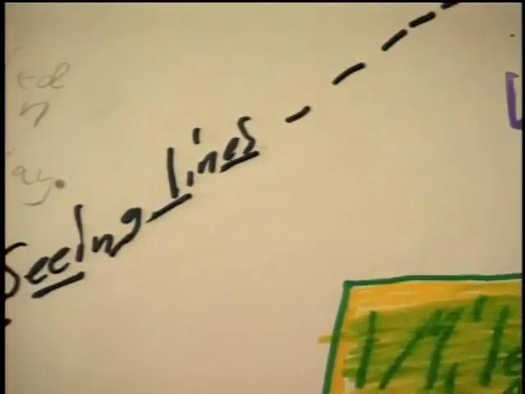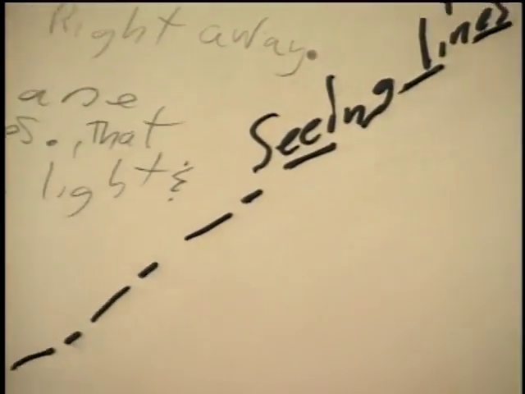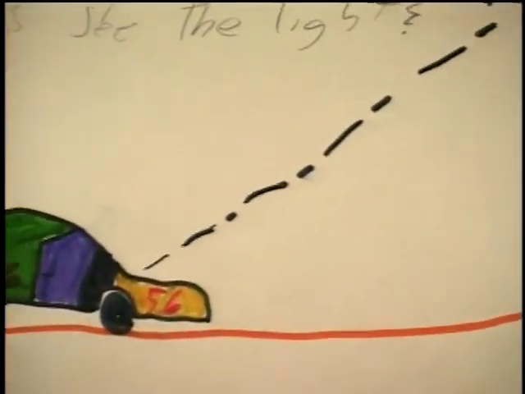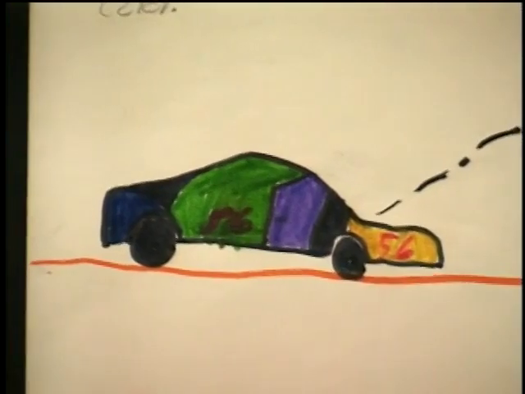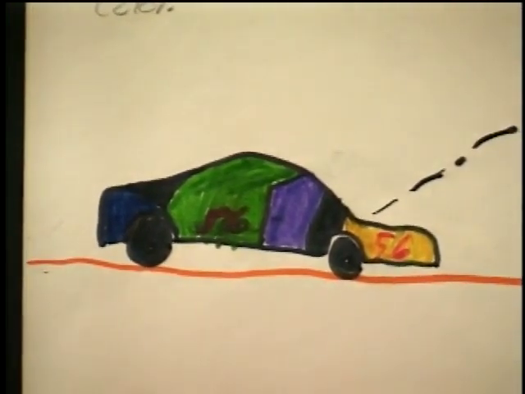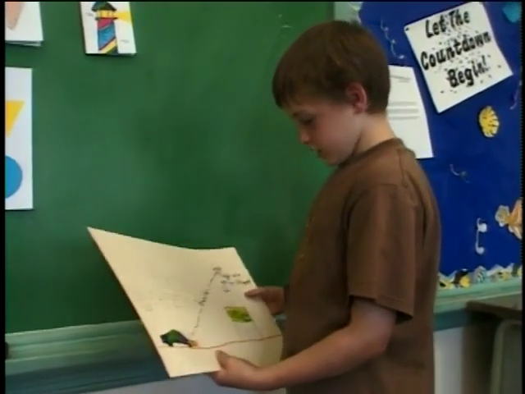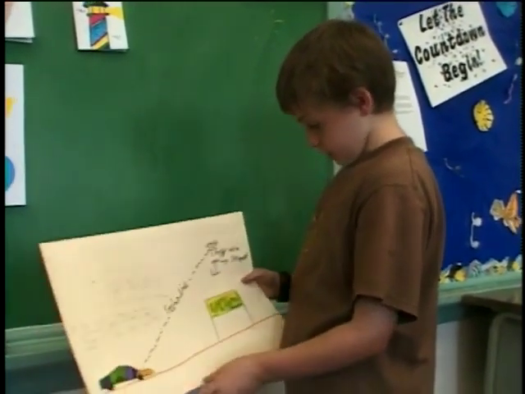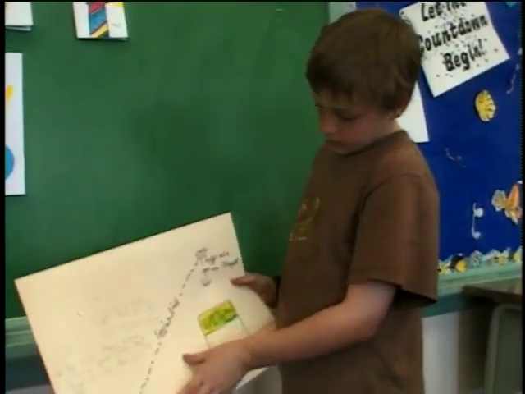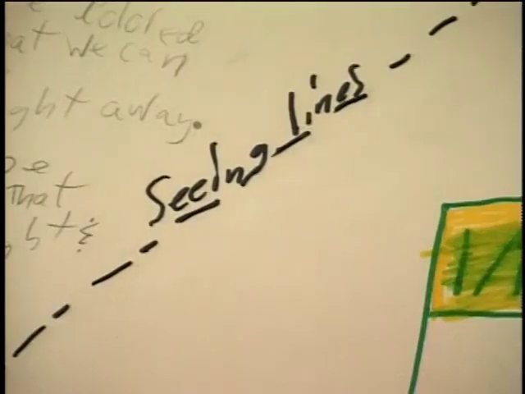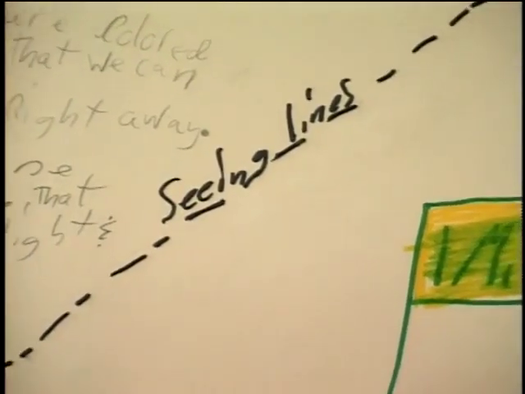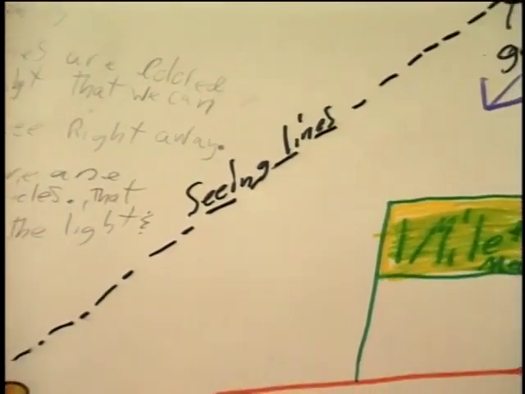And I said they're looking at the car, and I wrote, seeing lines are colored light that we can see right away. And in the air, there are colored particles that help us see the light and color. And it helps us see because if we don't have any light, then we couldn't see anything.